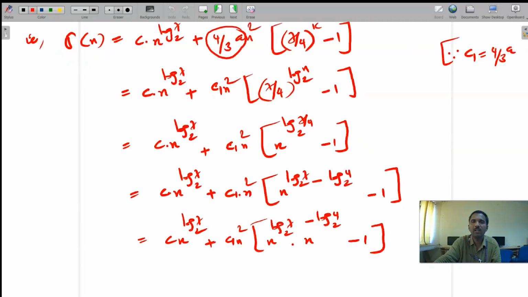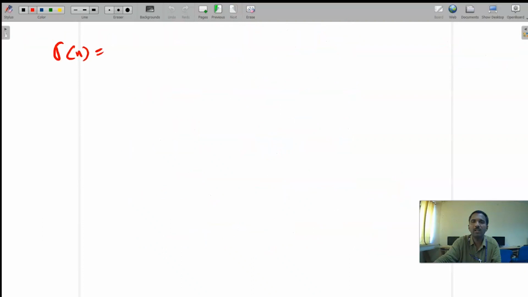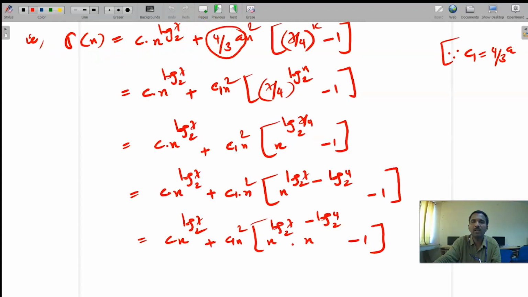T of n is equal to c into n power log 7 base 2 plus c1 n square, which is multiplied with n power log 7 base 2 into n power minus log 4 base 2.